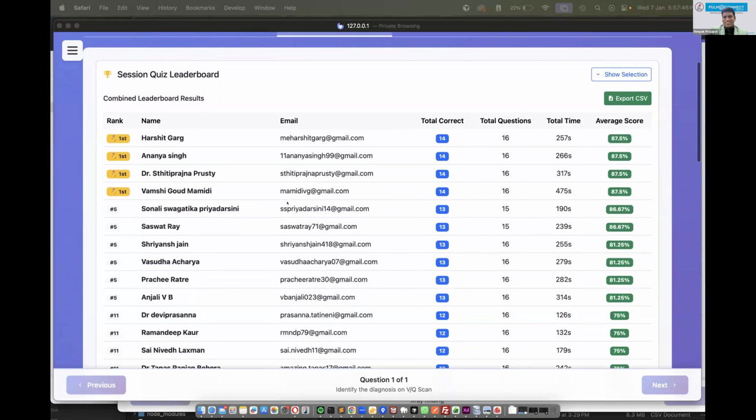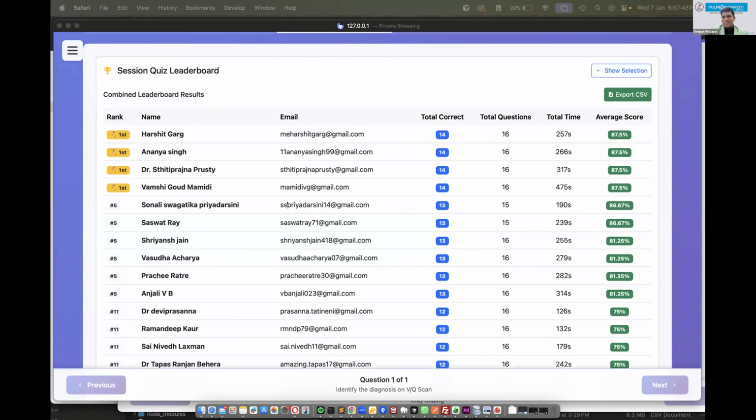So Harshit and Ananya are from MCRD, sir? Yes. So they are being disqualified this time, but if they do the same next time, then I will see.